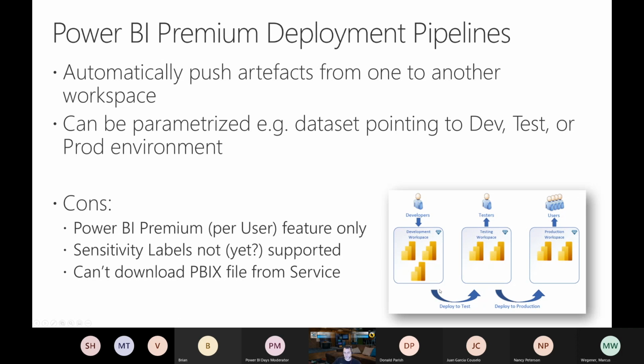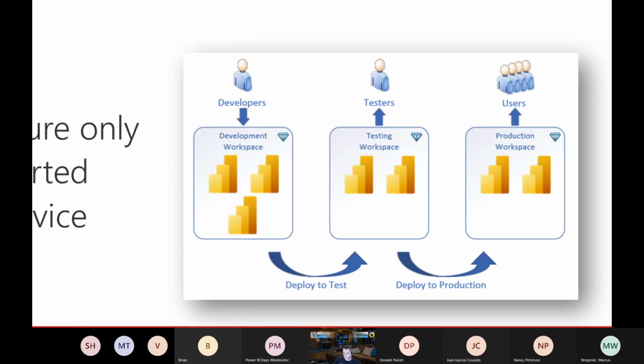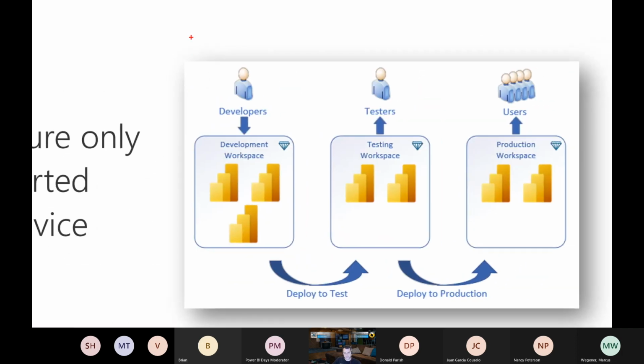And you have to keep in mind that if you, for example, create a file, publish it to the Power BI developer workspace, and then automatically push it into the test workspace, you cannot download the file anymore from here.